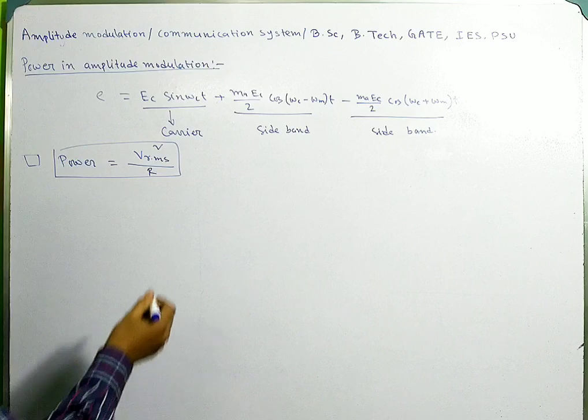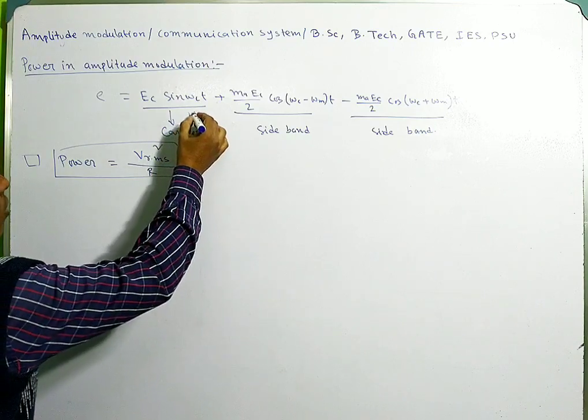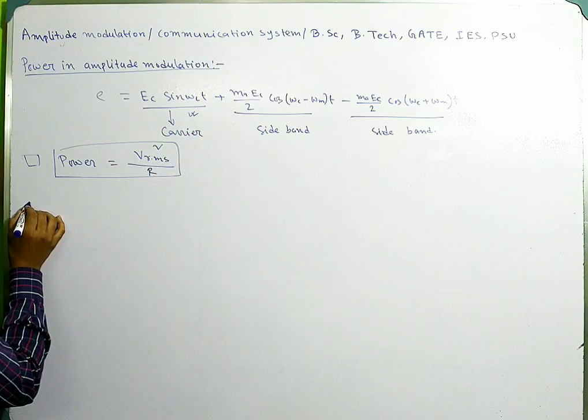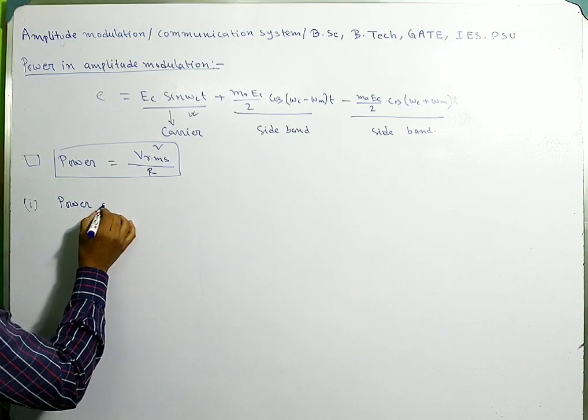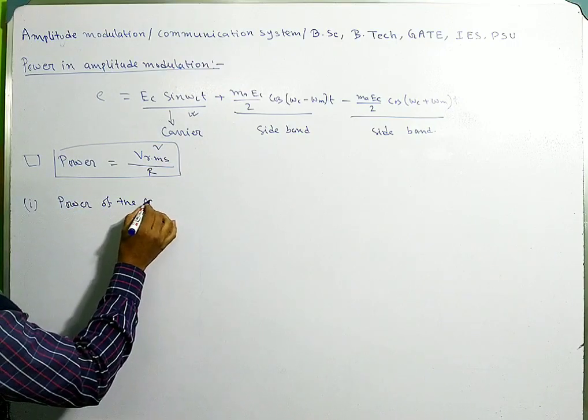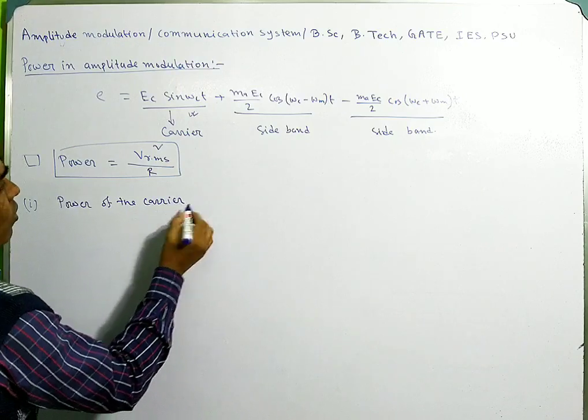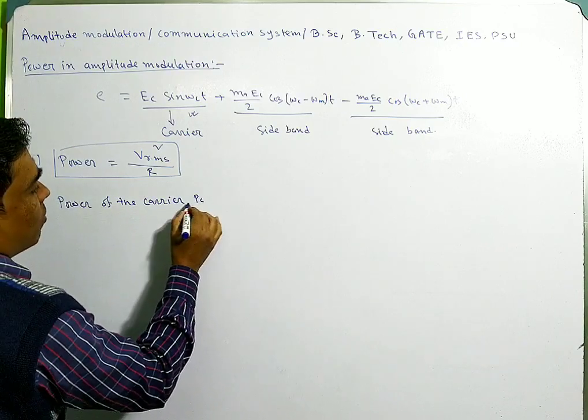First of all, we should calculate the power of the carrier. Number one, the power of the carrier wave is given by Pc.